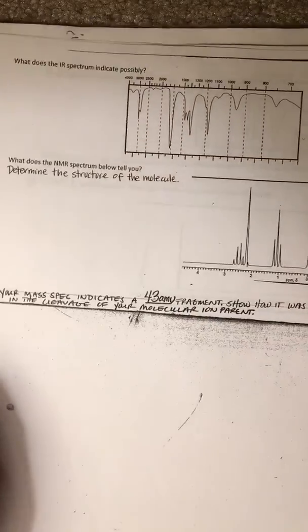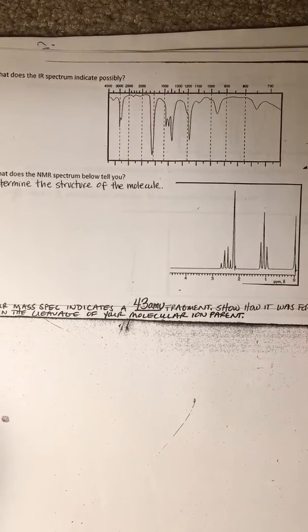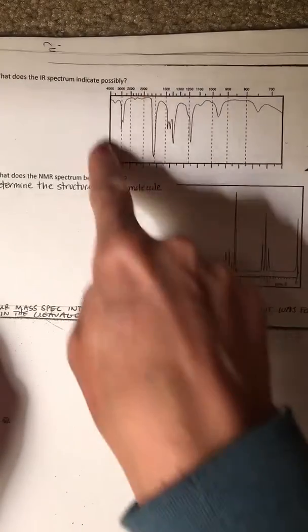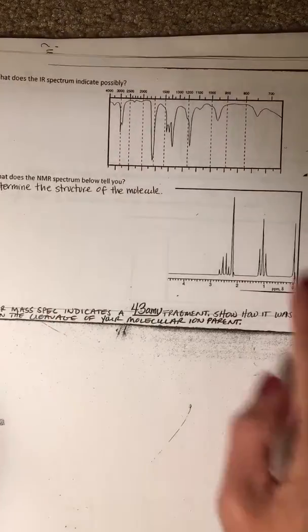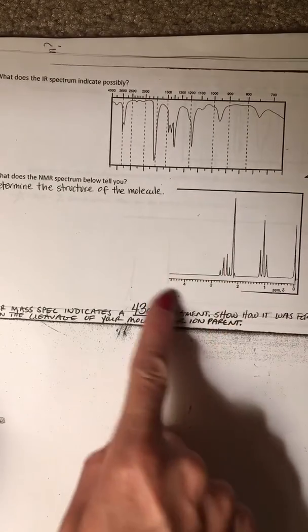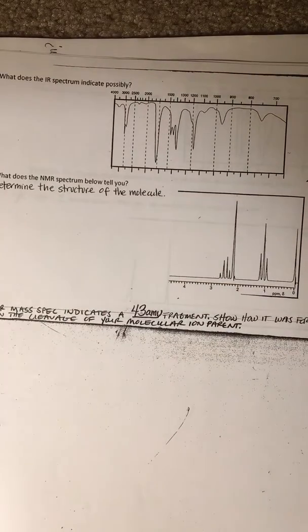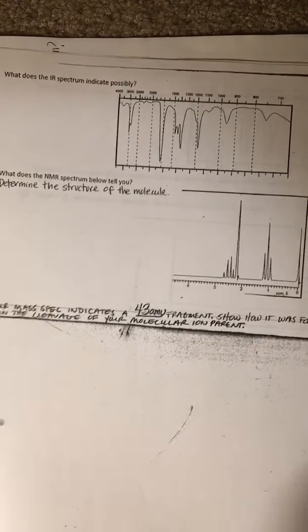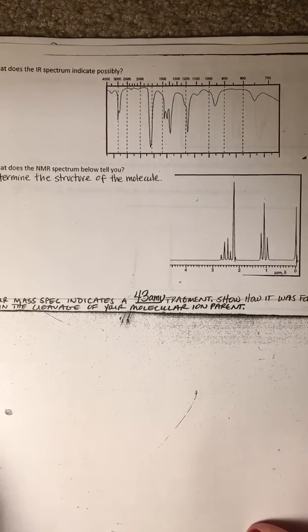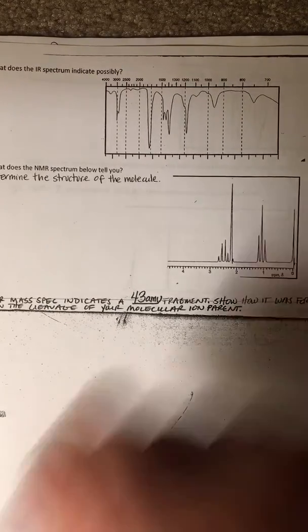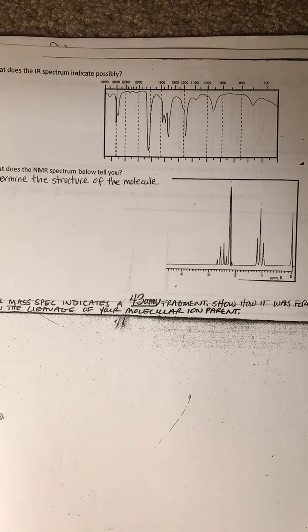Let's take the time to go back and look at some things that we keep seeing in lab, our IR spectrums. Now we have our NMR spectrum, and here they're giving us a little bit of our mass spec information. So now is the time to get caught up. You're still required to know your wave numbers for your different chemical bonds in IR spectrum, which we do in lab all the time.